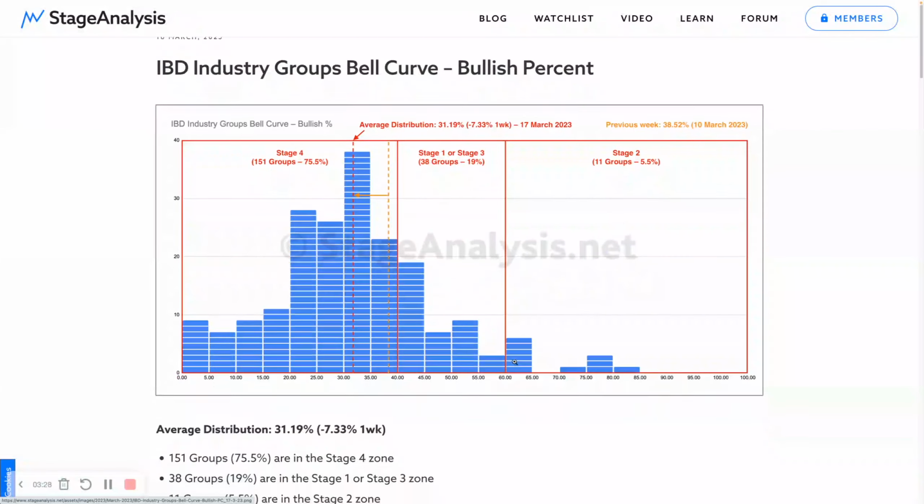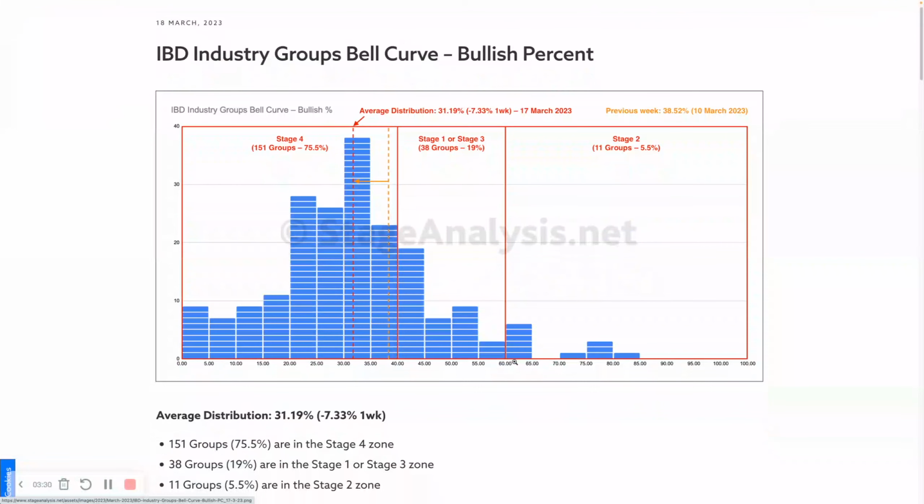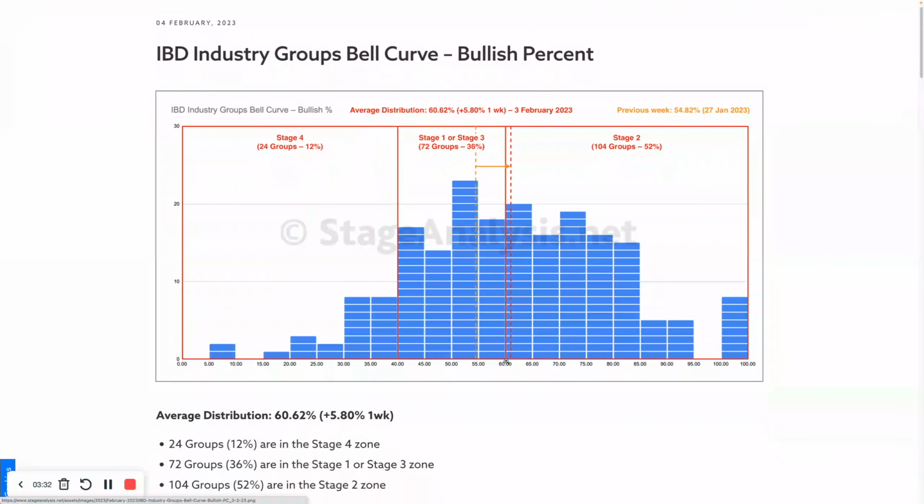So if we go back, we can compare it against 6 weeks ago. If I flick through, you can see 6 weeks ago the average distribution was at 60.62% here. So it had been rising for a little while. We'd started to move up. We had started to see some stage 2 breakouts and many groups in stage 1, and an average distribution just over the 60% level there.